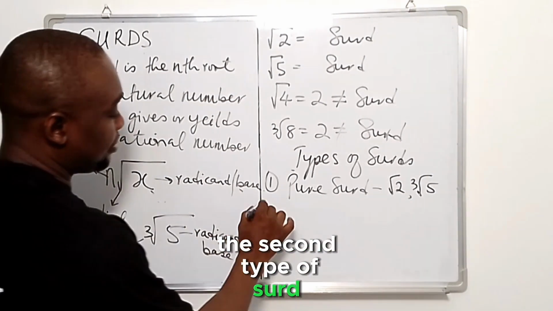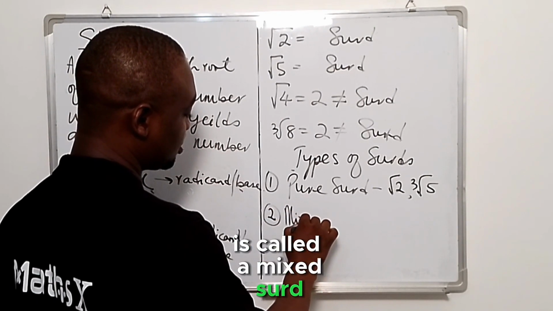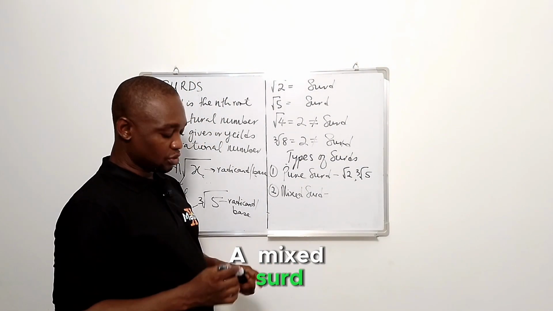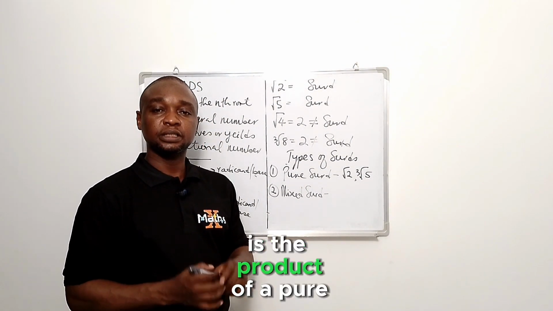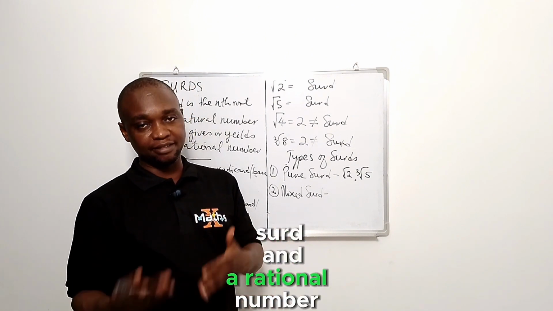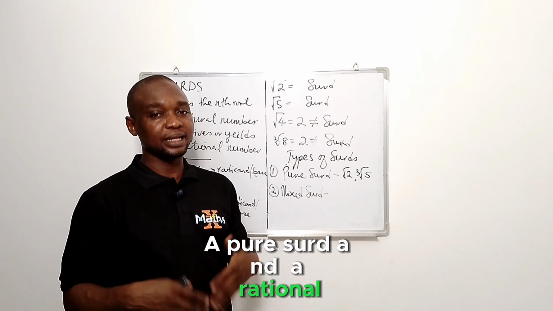The second type of surd I want us to talk about is called a mixed surd. A mixed surd is the product of a pure surd and a rational number.